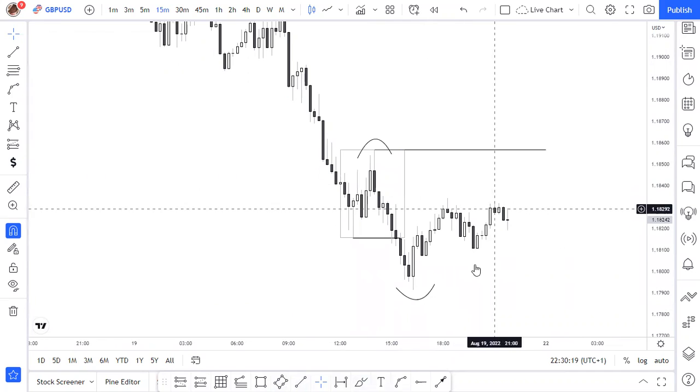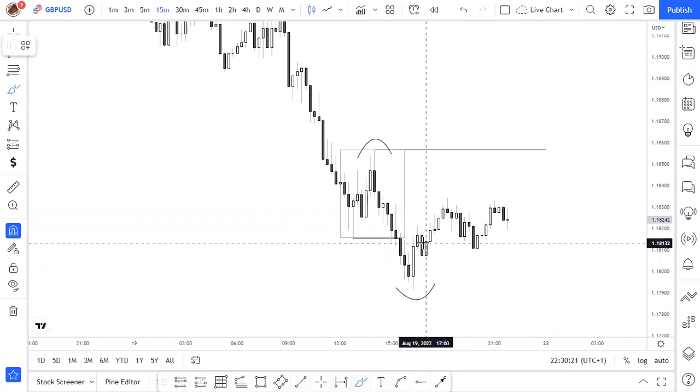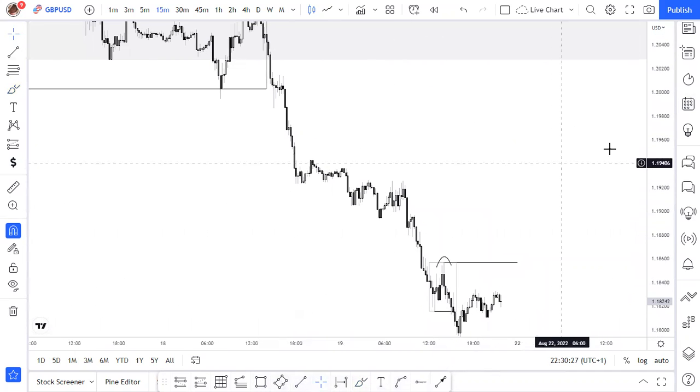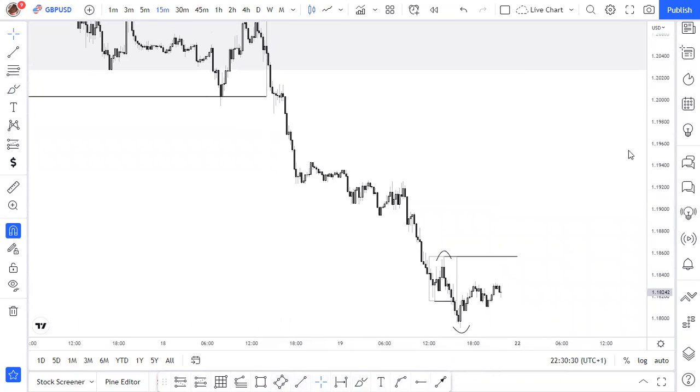So price is in that pullback phase on the 15-minute, but the 4 hour needs to pull back. It's not a must that it has to pull back, but for me it's something I want to see happen. If that doesn't happen, I'll just trade the 15-minute structure.